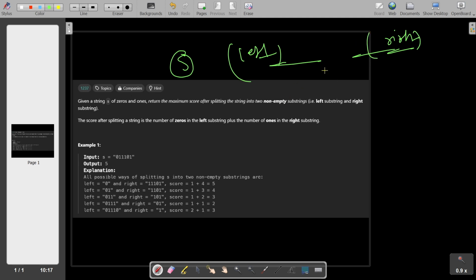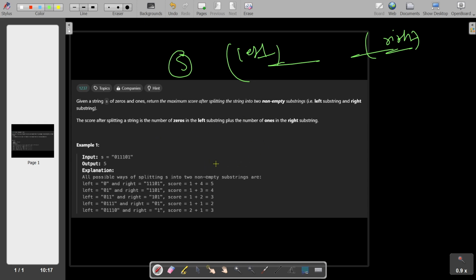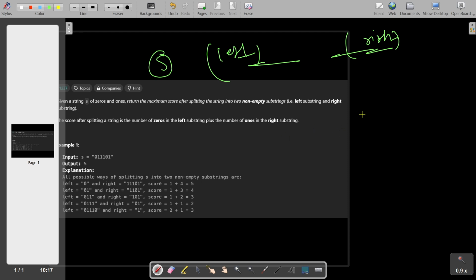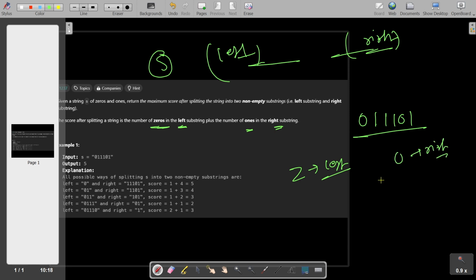Both substrings must be non-empty, so at least one element is present on each side. Similarly, we are given a string 0 1 1 1 0 1. Here 0 counts on the left and 1 counts on the right.